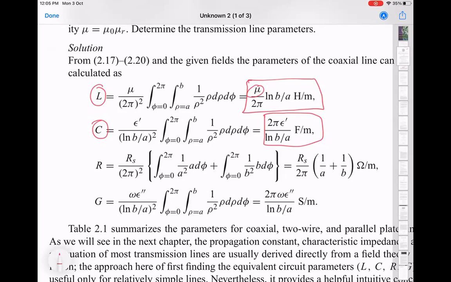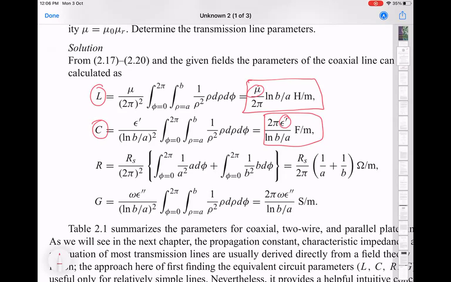Now, is it surprising that you have mu showing up here and epsilon showing up here? Electric fields and magnetic fields, depending on the identity you use.